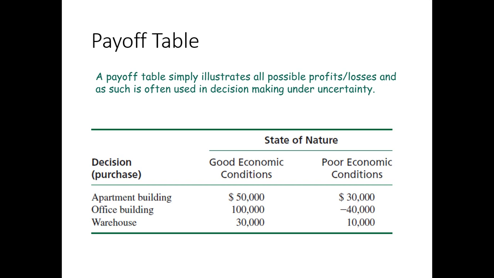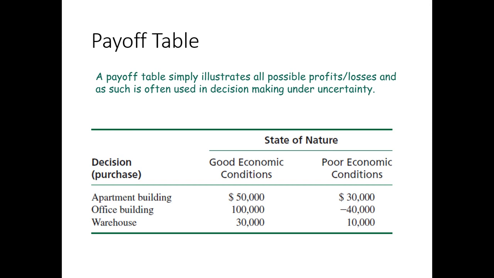She has got the information that if the economic condition remains good, she can earn $50,000 profit by selling apartment. But if the economic condition is not good, when her apartment is ready, she can make a profit of $30,000. Then for office building obviously, office building will give you more money, so she will make more profit.